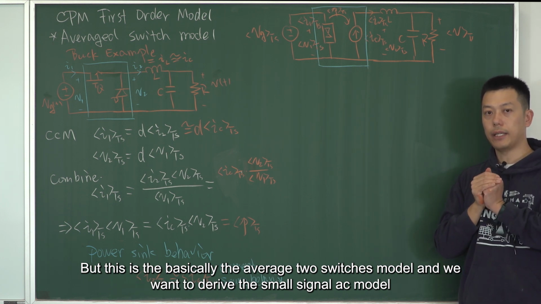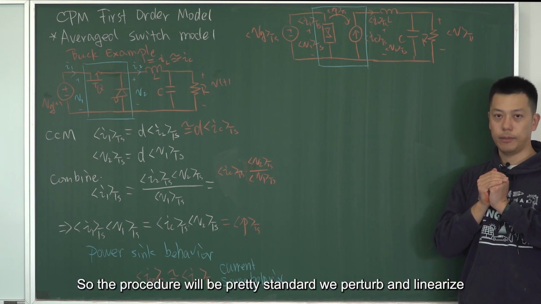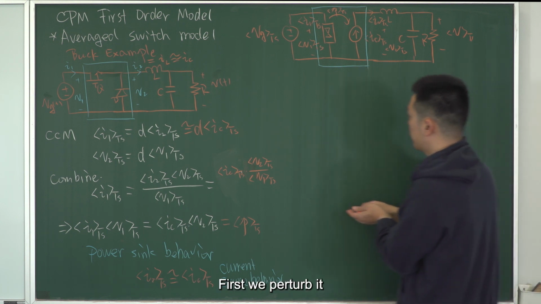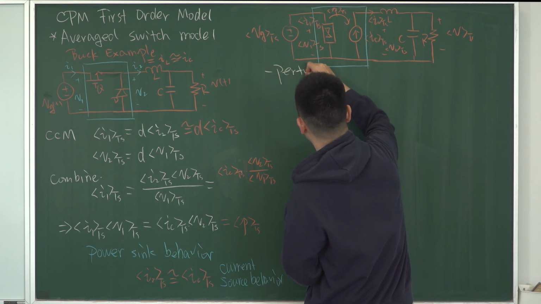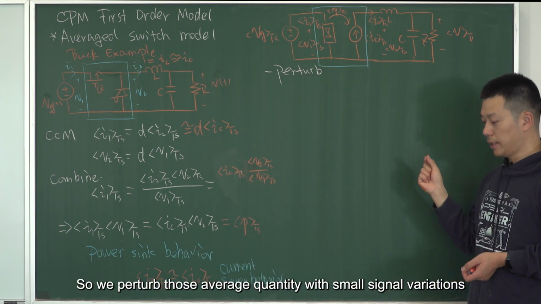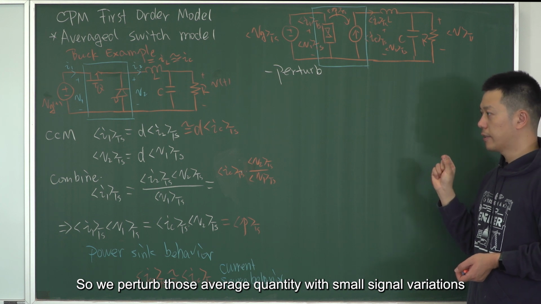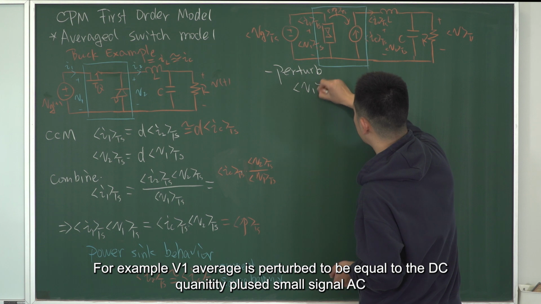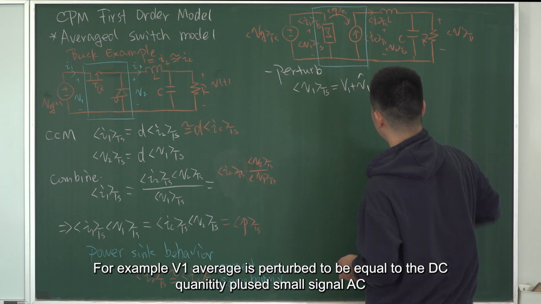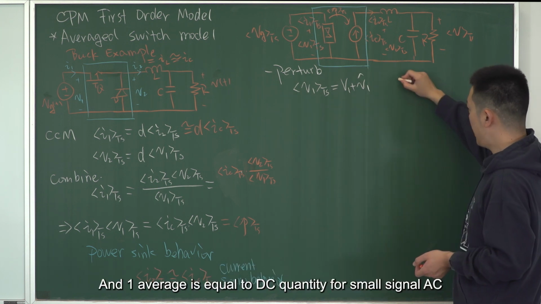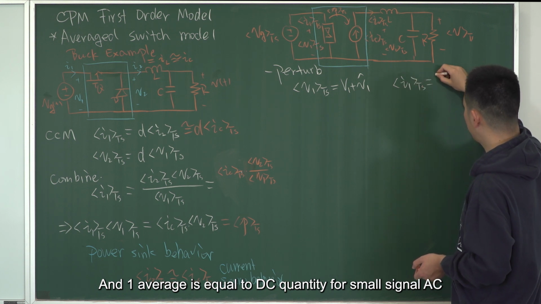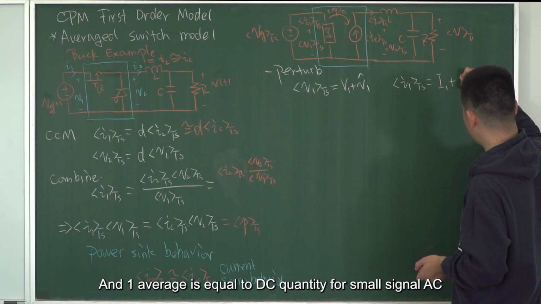But this is basically the averaged switch model, and we want to derive the small signal AC model. So the procedure will be pretty standard: we perturb and linearize. First, we perturb those average quantities with small signal variations. For example, V1 average is equal to the DC quantity plus small signal AC, and I1 average is equal to DC quantity plus small signal AC.